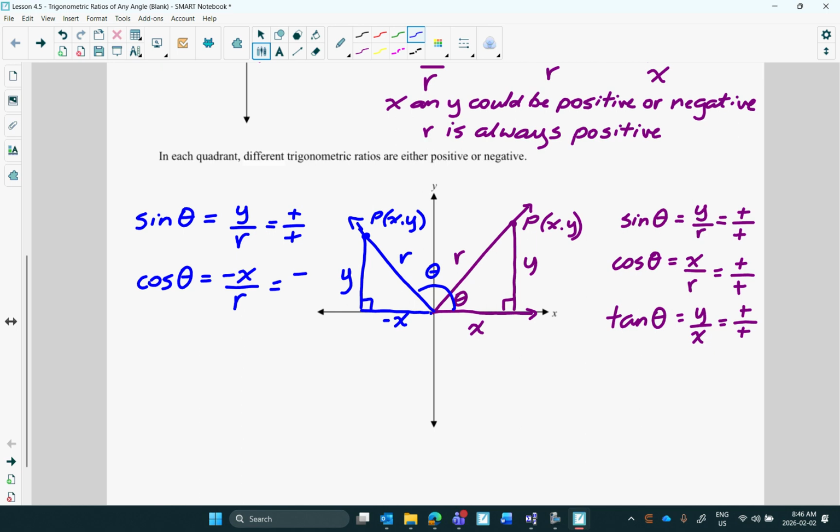In other words, it's going to be a negative over a positive, which is going to get me a negative answer. Which is why if you take the cosine of any angle between 90 and 180 on your calculator, the answer will always be negative.